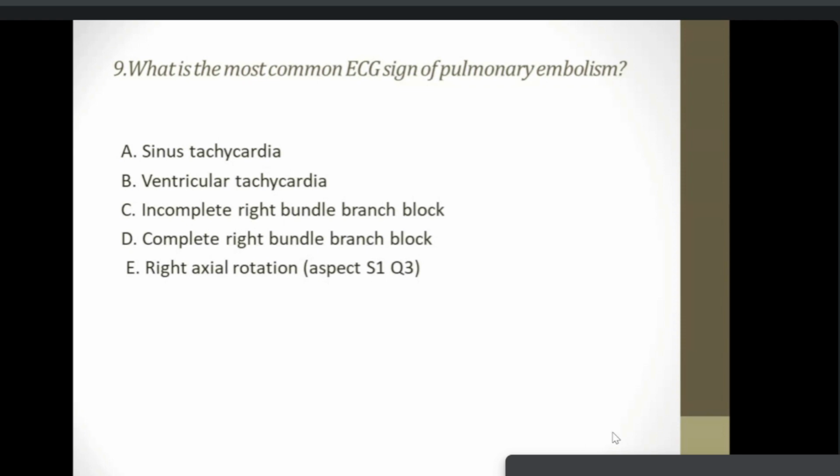Which is the correct answer? I think it must be easy. Okay, we have E. E, yeah.